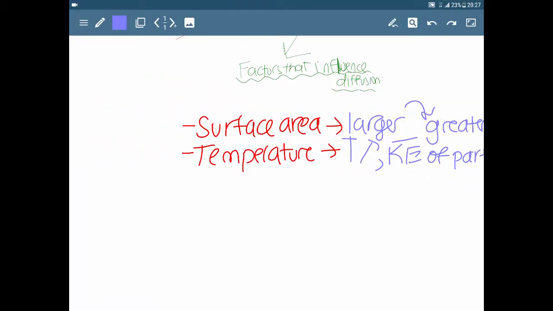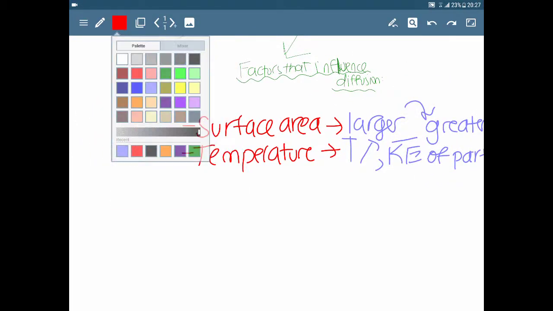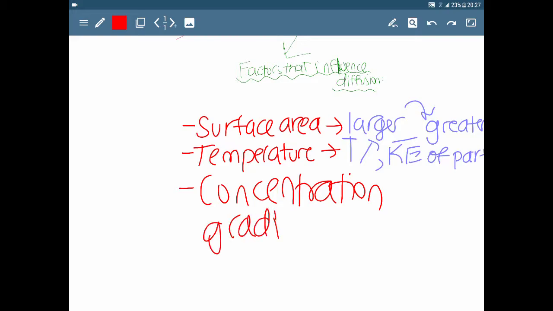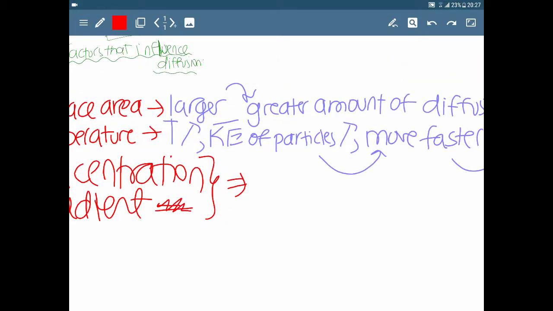Now, the third is concentration gradient. If it's a larger concentration gradient, then there is more diffusion.